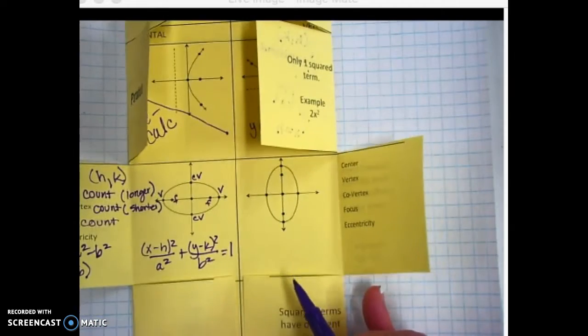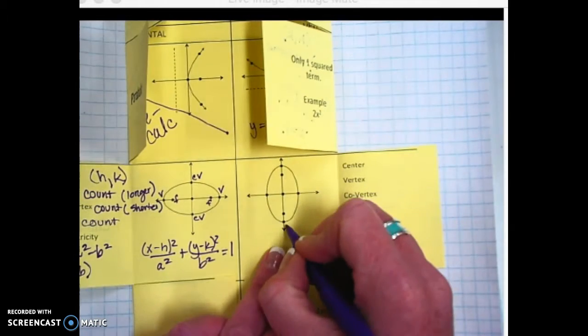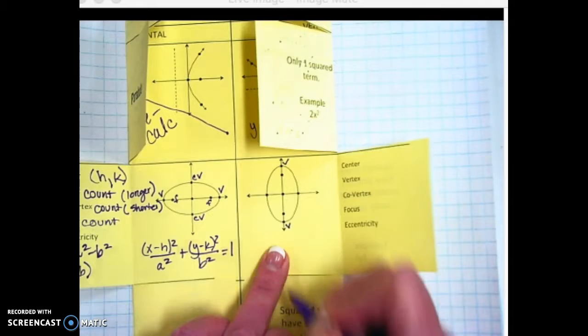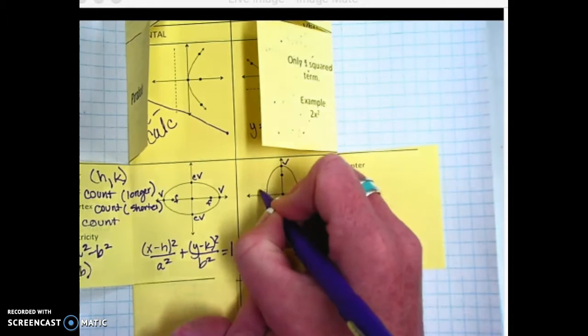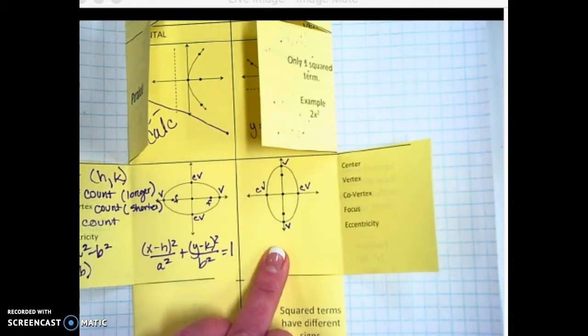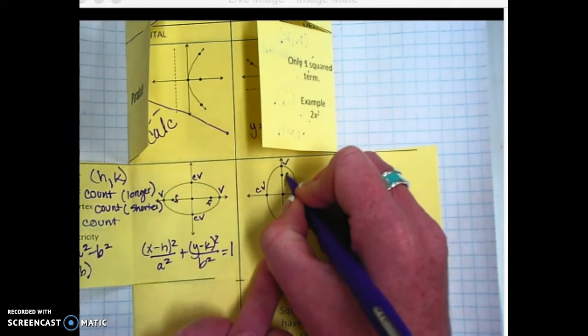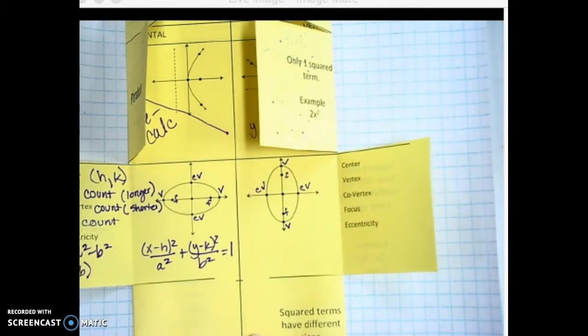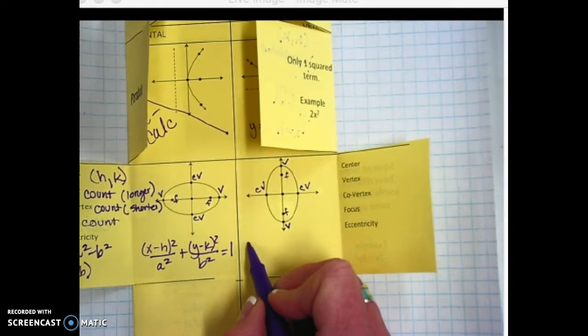Now, if you have the vertical stretch, this becomes your vertices and your vertices. This becomes your co-vertices and your co-vertices. Your F's still in here. And then your equation looks slightly different.